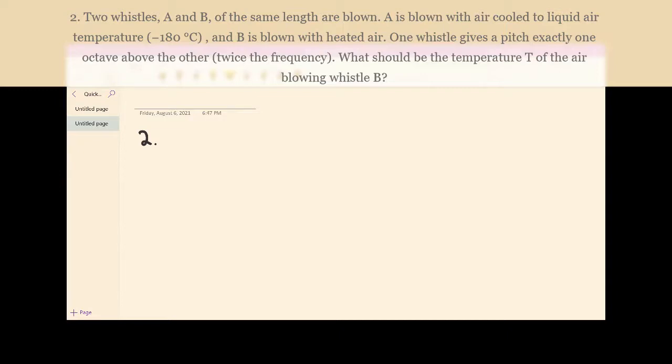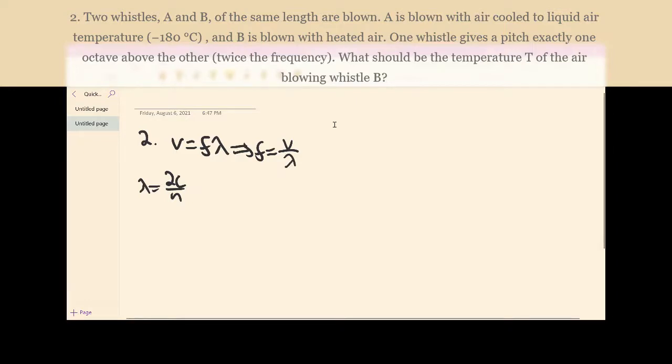Okay, so basically in wave theory, we just have this equation, which is that v is equal to f times lambda, where lambda is the wavelength, v is the velocity, and f is the frequency. So this means that f is equal to v over lambda. Now this lambda has the form of 2L over n, where L is the length of the whistle. In this problem, the two lengths are the same, so we don't need to consider that.